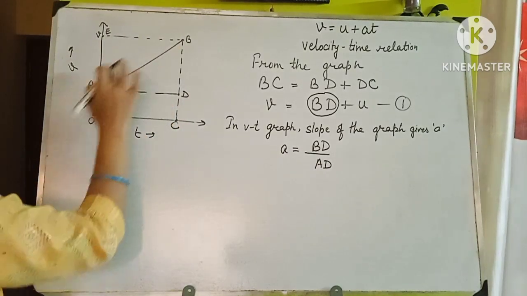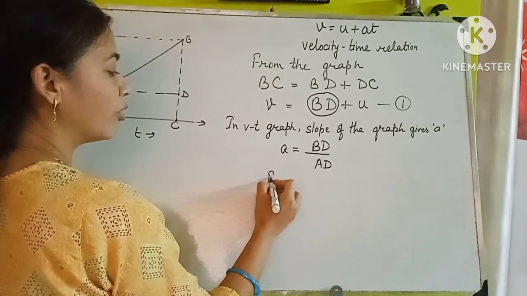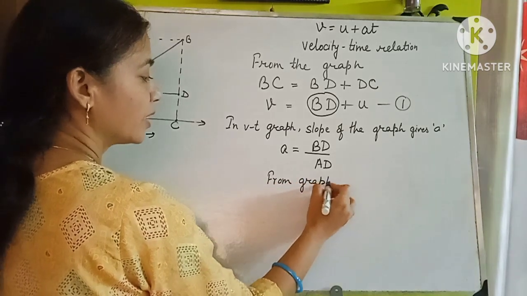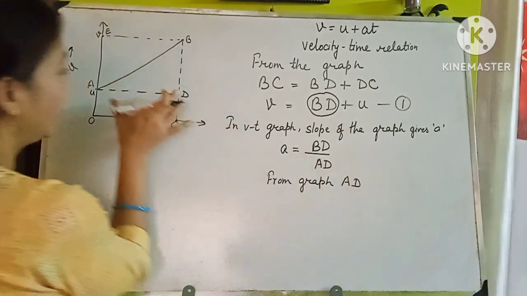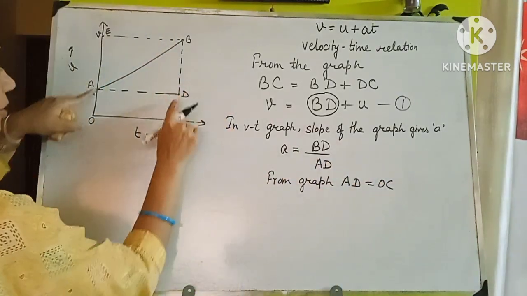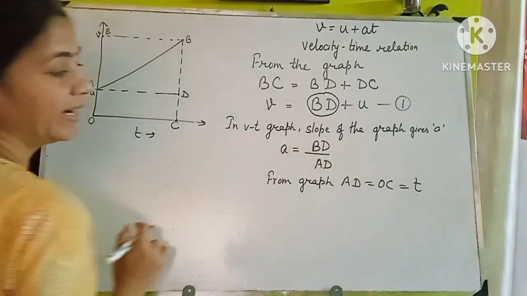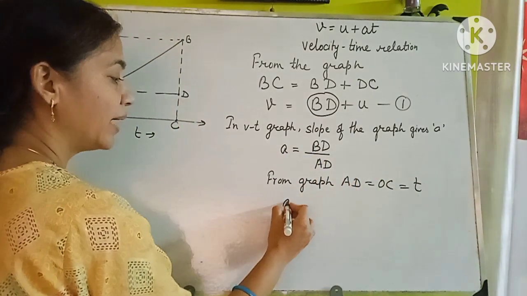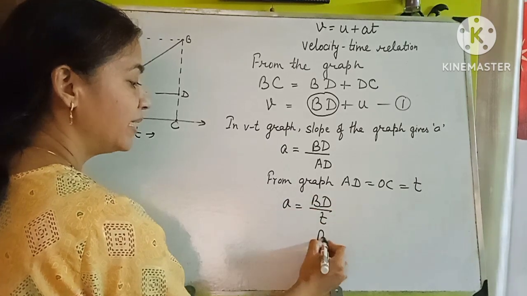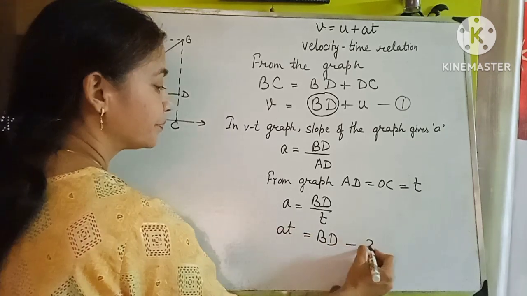Now, from the graph, AD is equal to OC, and that is equal to the time taken T. So instead of AD I can put T. So A is equal to BD by T. By simple arrangement, BD is equal to AT.